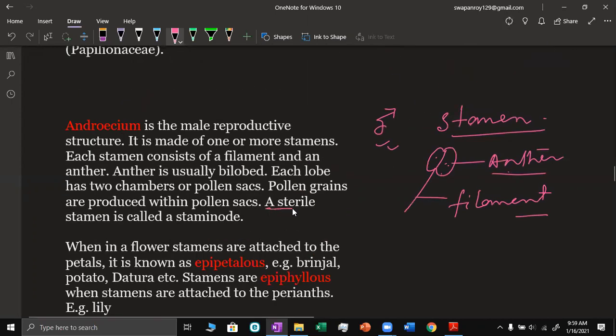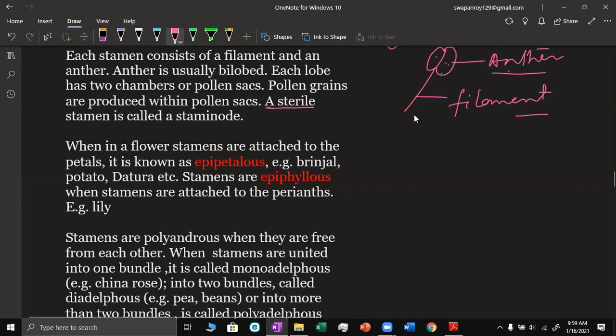One important thing is that sometimes the anthers or the stamens are sterile. That is, they do not produce functional or fertile pollen grains. Then this sterile stamen is called staminode.